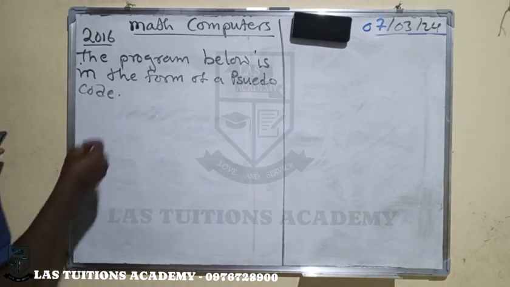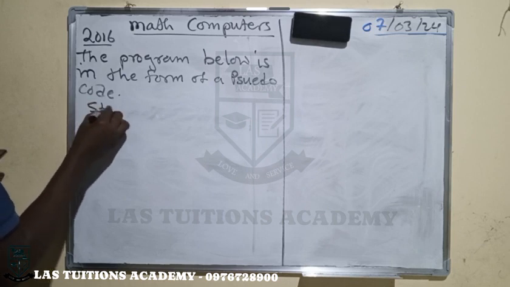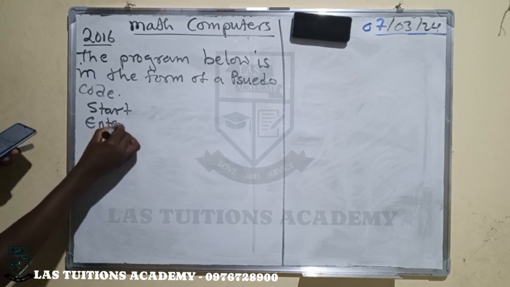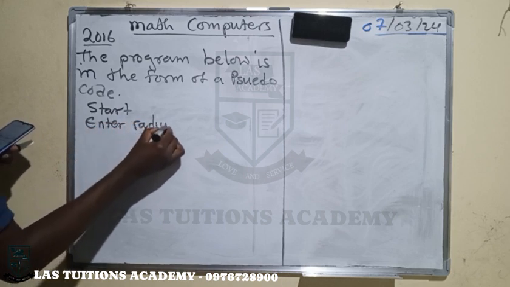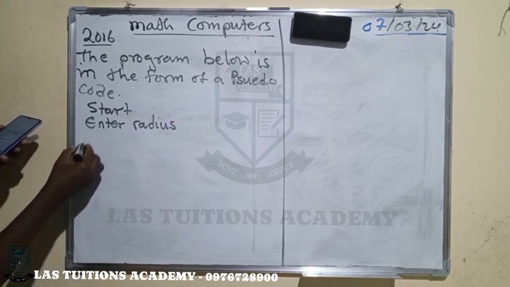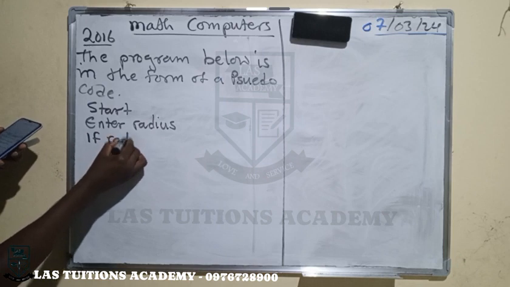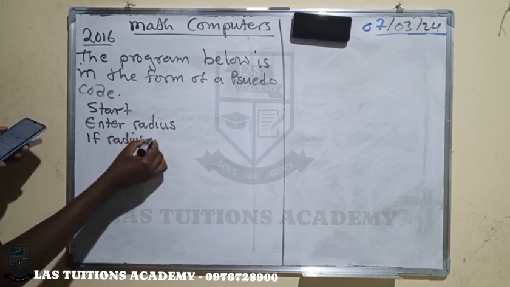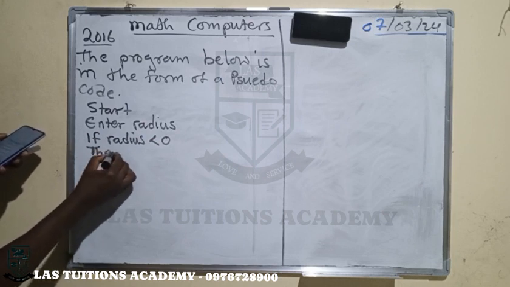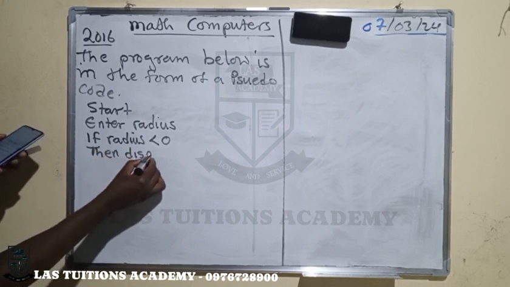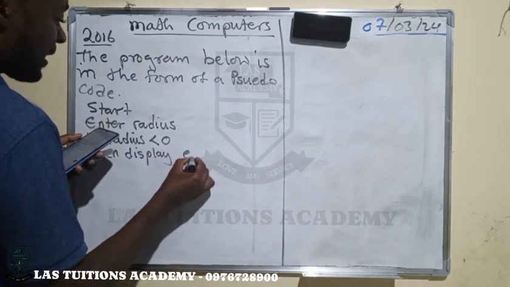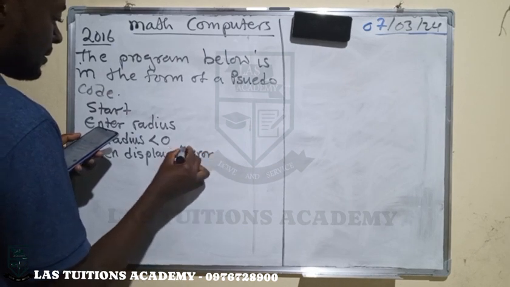So we have start, then we have enter radius, then we have if radius is less than 0, then display error message.